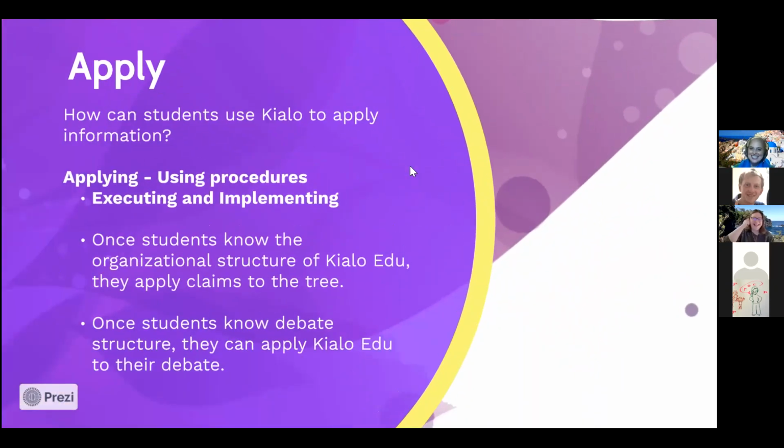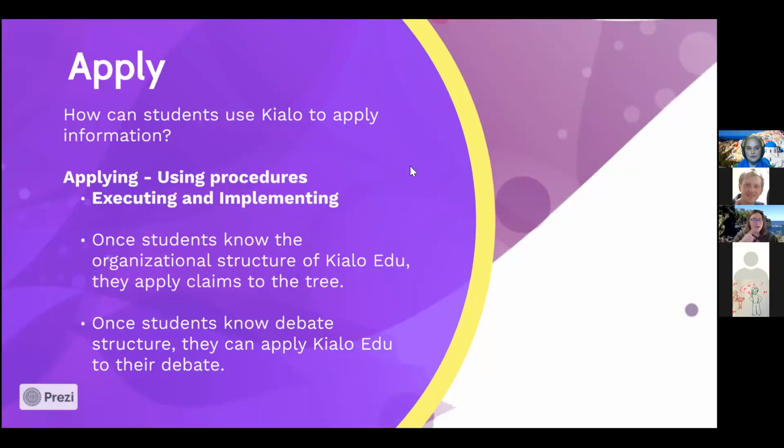Thank you. So we're going to talk a bit about how you can apply these topics through Kialo Edu, so how students can use Kialo to apply information. In Bloom's taxonomy, applying is divided into two parts: executing and implementing.